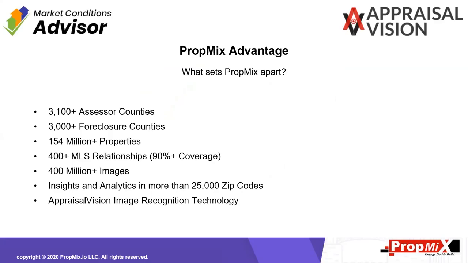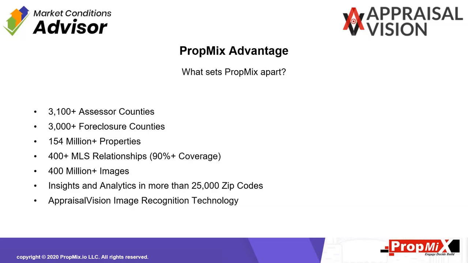I'll give you a brief overview of Propmix and what sets us apart. So the first couple of items that you may notice here is 3,100 plus assessor counties, 3,000 plus foreclosure counties, 154 million properties or so in our database. That is more or less the industry standard. There's a lot of companies that have that mark already met.